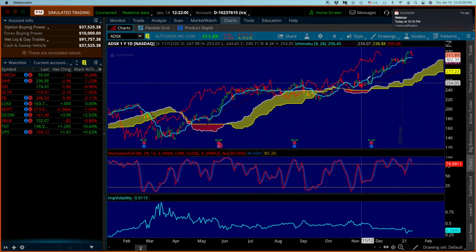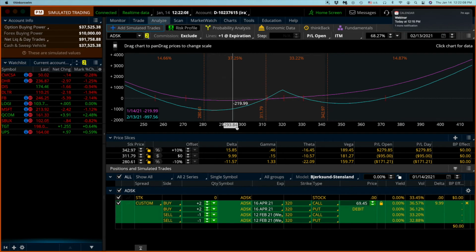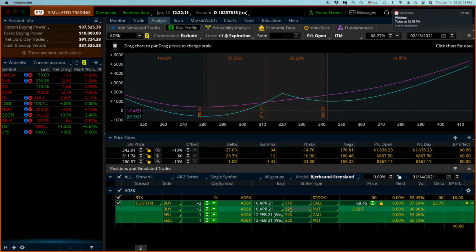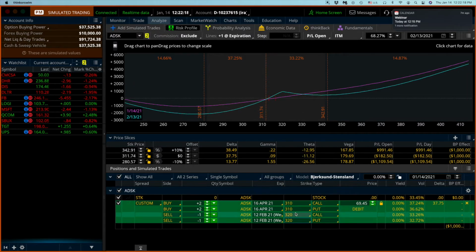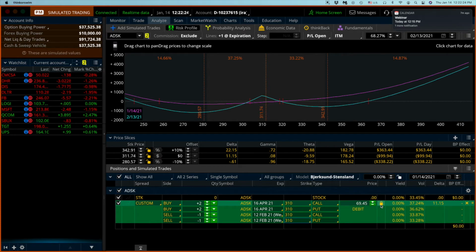The stock has been just going up and up and up and up, and the volatility seems to be still low. So let's see. Analyze trade. How about instead of 220, we do 210? Because that's the strike price. The current price is at that strike price. Okay, the stock price should match our strike price.